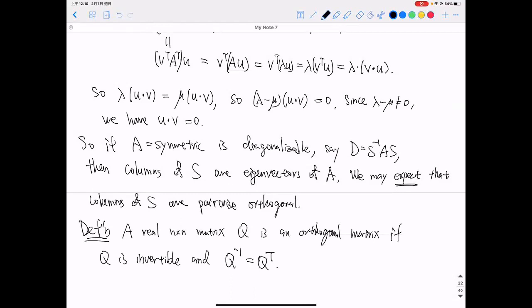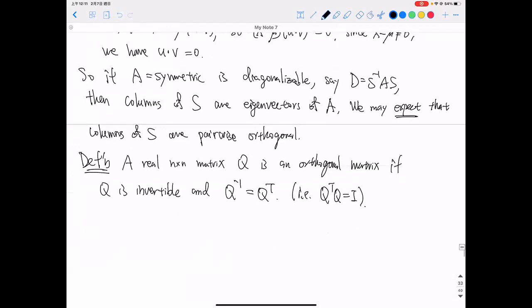What this condition, being invertible and with inverse being Q transpose, is the same as saying Q transpose Q is identity. Okay. So that's that.